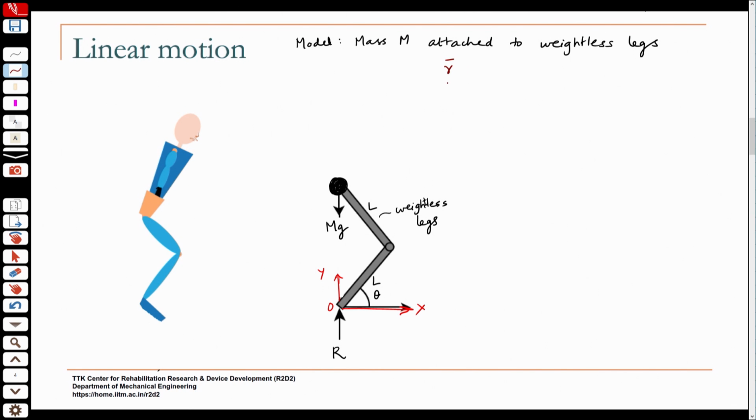This is the particle p, and r p relative to O is 2L sin theta along the j axis. The unit vector along the y axis is j.